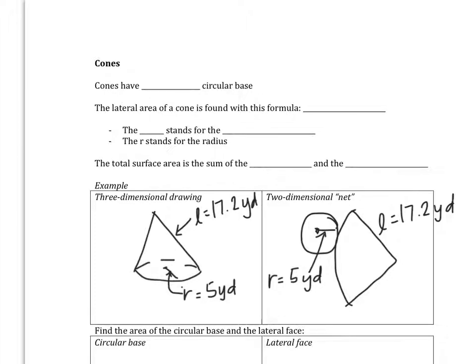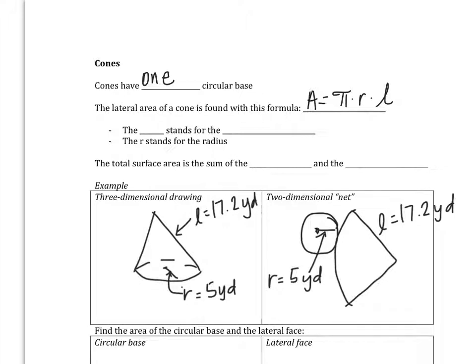Okay, so now let's take a look at cones. Cones have one circular base, whereas cylinders had two. The lateral area of a cone is found with this formula. Area equals pi times radius times length. So that's the formula for the lateral part of the cone.